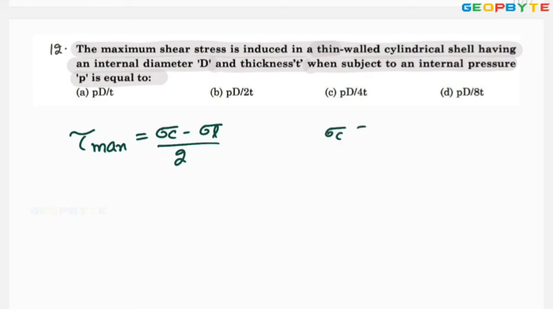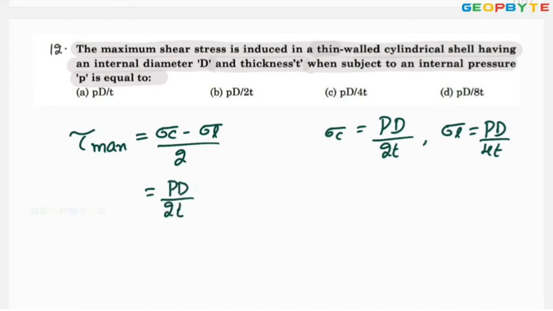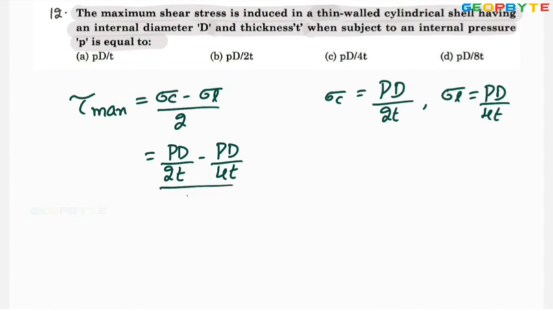Here sigma C equal to PD by 2T, where capital D is given, whereas sigma L equal to PD by 4T. Let us put those values. PD by 2T minus PD by 4T, divided by 2.